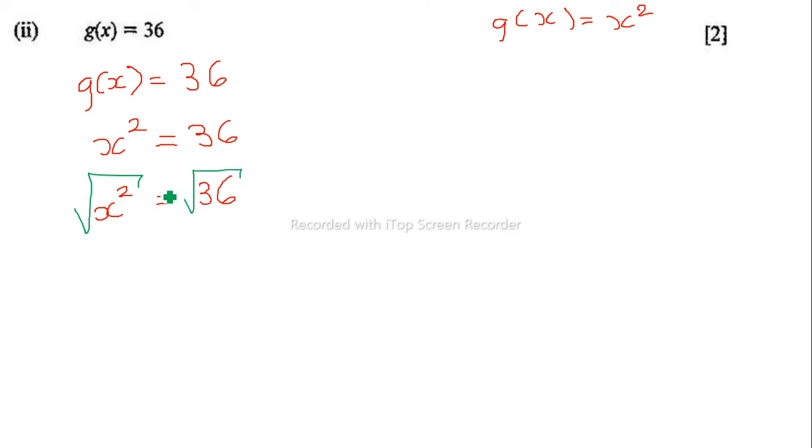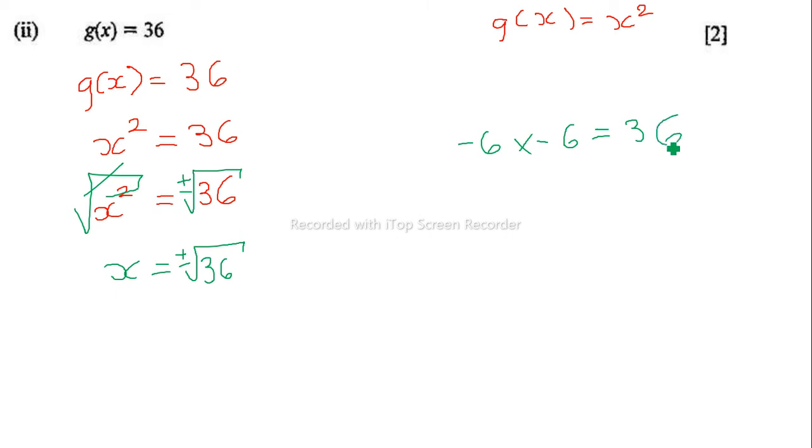Okay, so when you take the square root of both sides, honestly, it becomes plus or minus. So these cancel out, so x is going to be equal to plus or minus the square root of 36. And we must put the plus or minus because, think about it, negative 6 could work, because negative 6 times negative 6 is still positive 36.